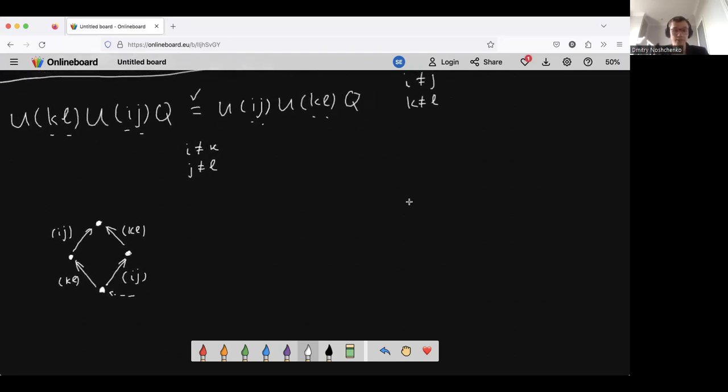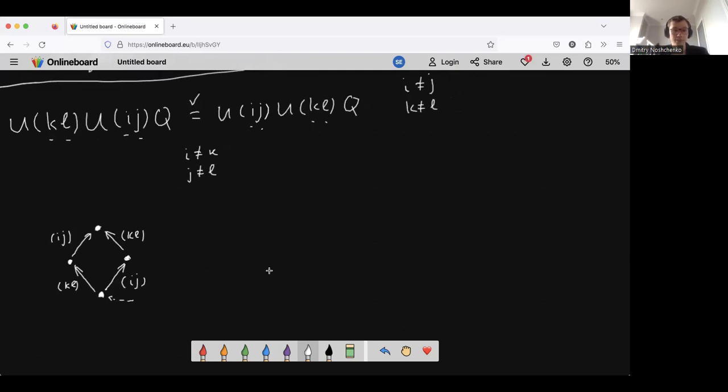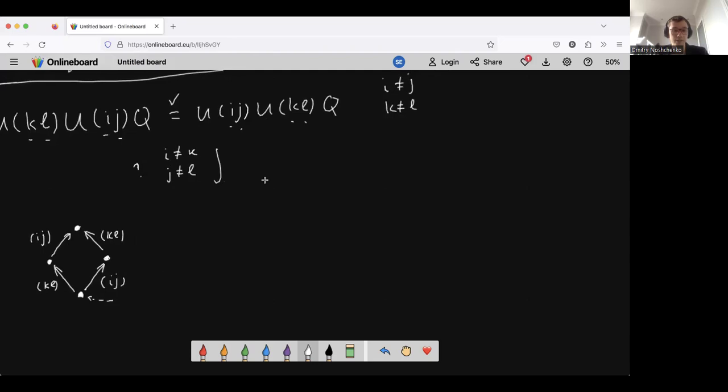So now the question, what happens? Yes, so why this condition? What happens if these indices are equal? The next scenario, so I'll draw it as a diagram now.